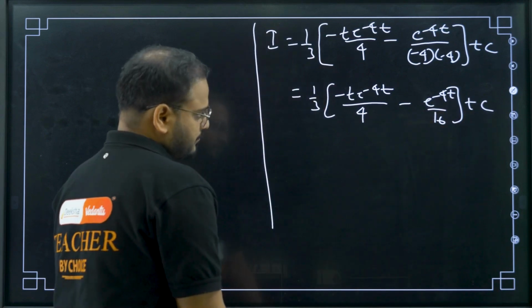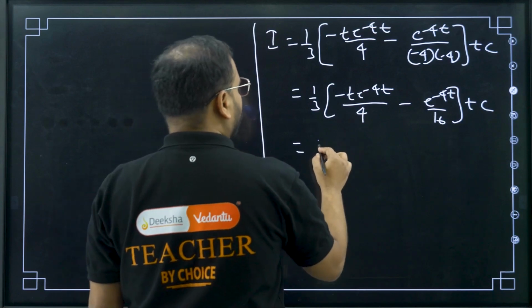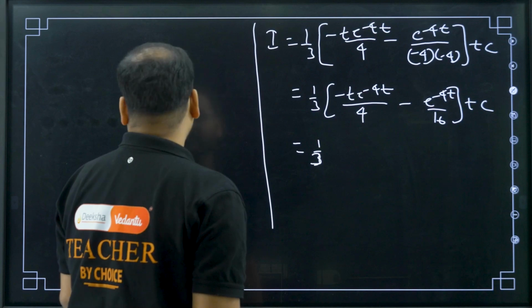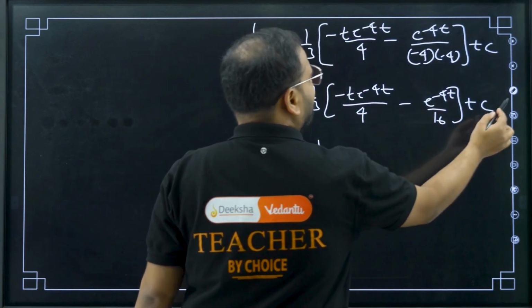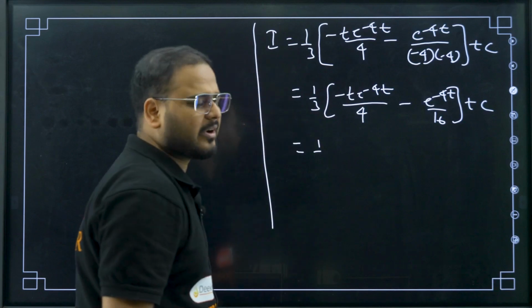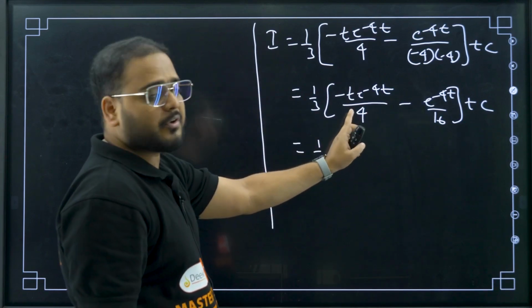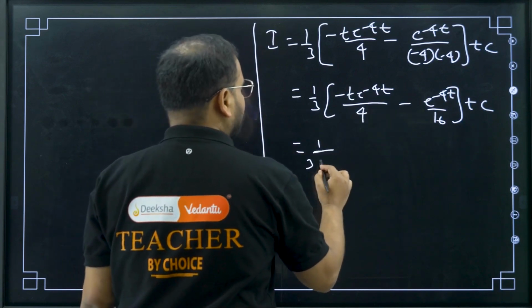Please take 16 out. I get 1 by 3. If you want, I can take 4 out, but I don't think taking 16 out will be difficult to understand. If I take 16 out, I have to multiply 4 in the numerator, because there's only one 4. So I'm taking 3 times 16.